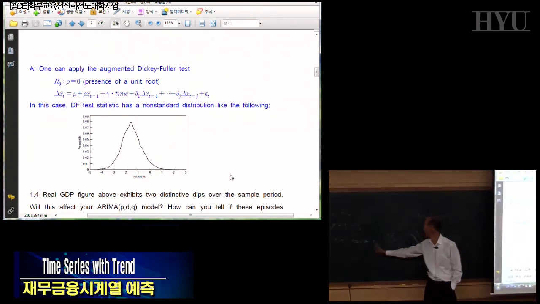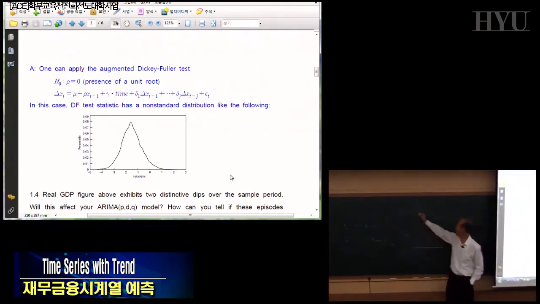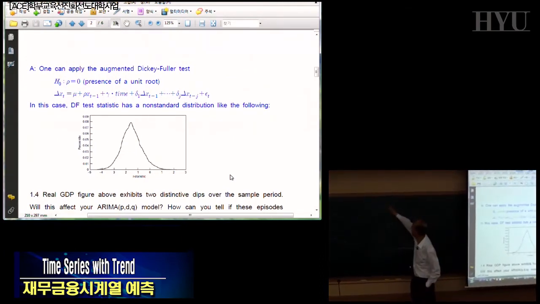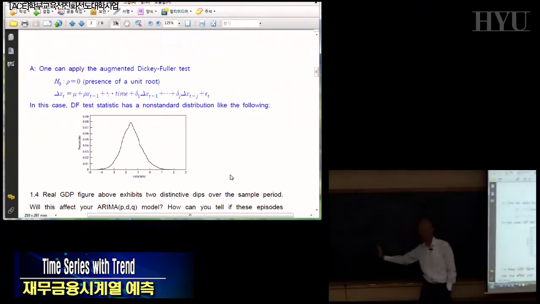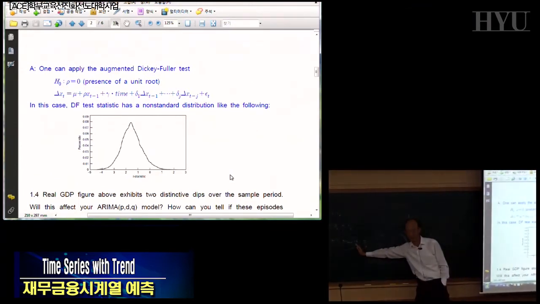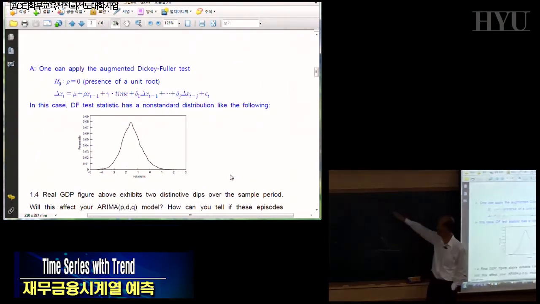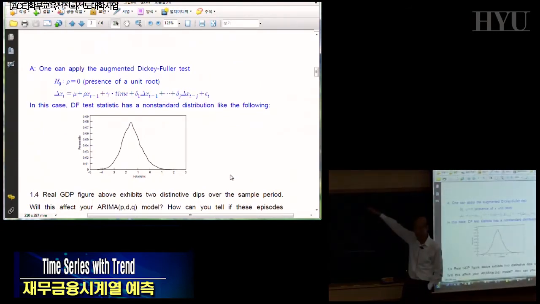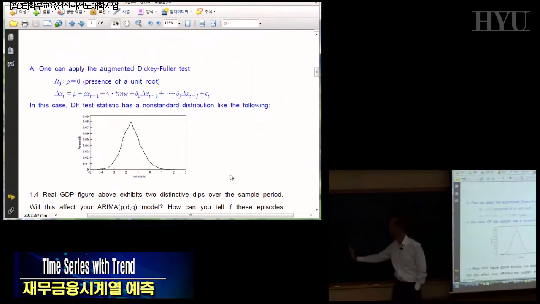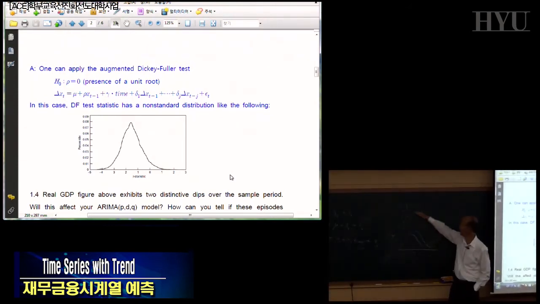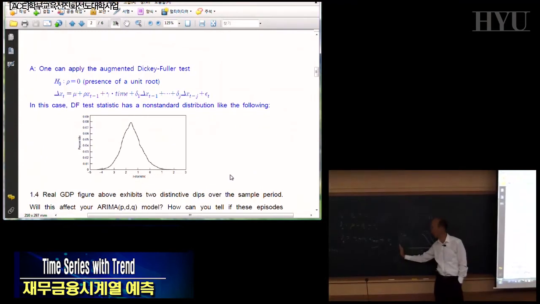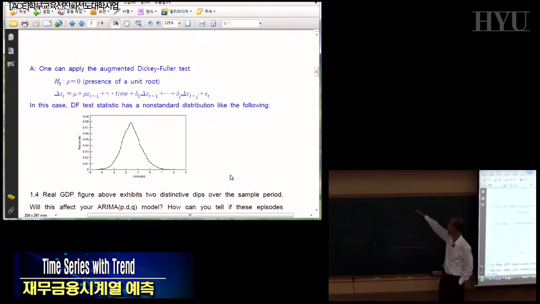So there is evidence against the null, so rejecting the unit root process. But if you are moving toward this direction, in terms of the t statistic, you are supporting this one. So if the p-value is very small, then you are rejecting it.